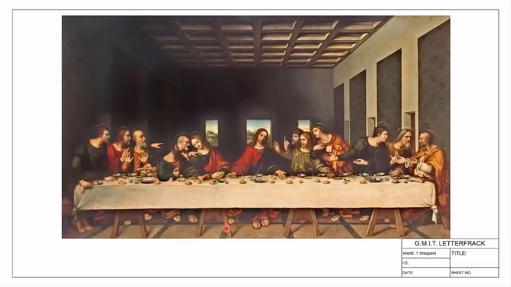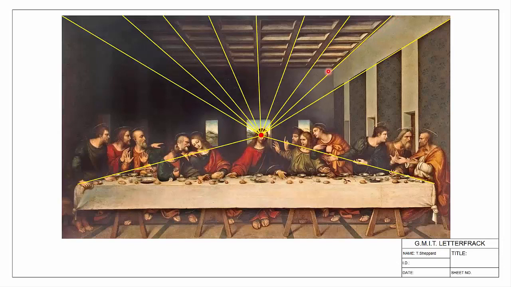A good example of that is Leonardo da Vinci's famous painting The Last Supper. Here we can see the Last Supper, but if you look at the actual room itself, the corners of the room all disappear back to a single vanishing point here, like so. Da Vinci himself was one of the key people who developed this idea of perspective to make his drawings look more realistic.